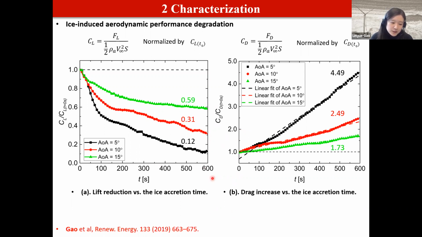So if you are interested in PIV measurement, or in the aerodynamics related to wind turbines, please feel free to go to our paper published in Renewable Energy. And also, based on this finding, for the pitch control strategy, we filed for a patent. So you should be able to find it online.